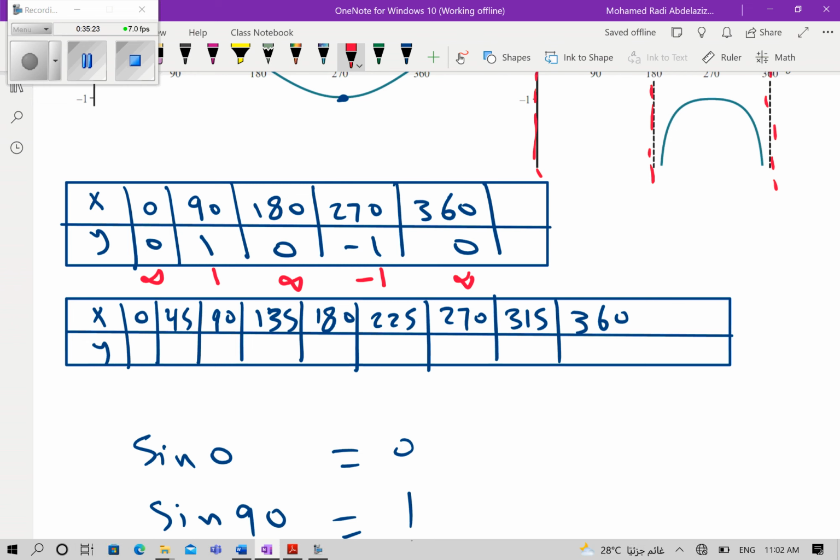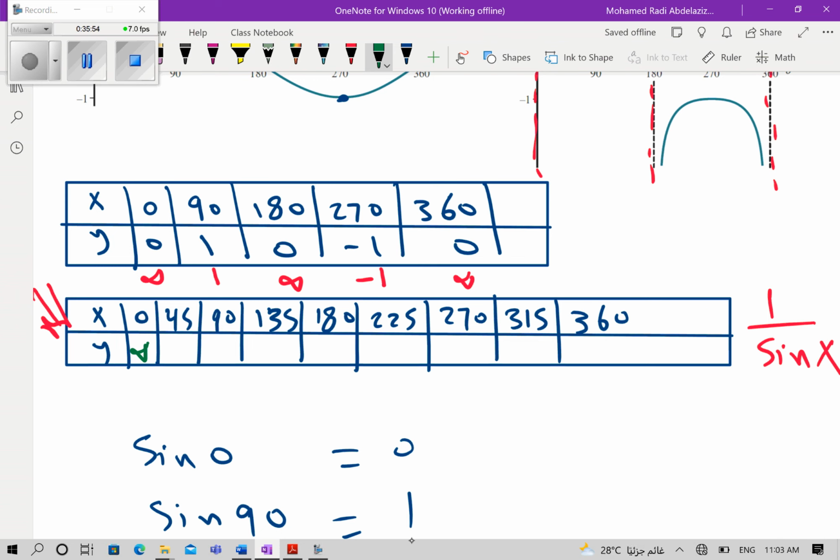Shift mode 7, write the function 1 over sine x, start 0, end 360, step 45. Give me the values. The first one, error, means infinity.